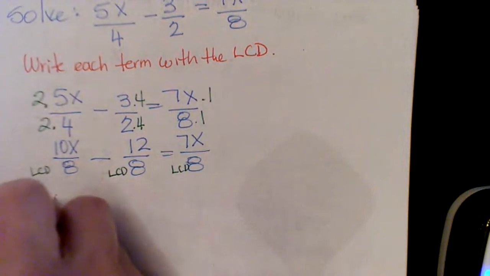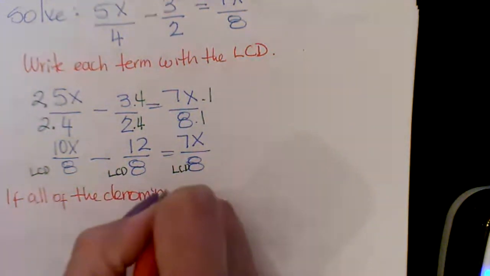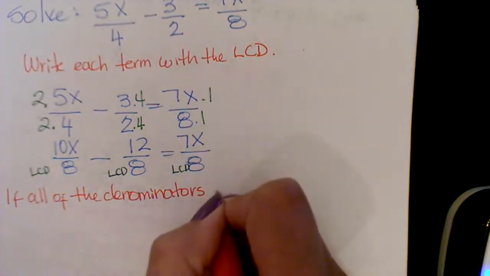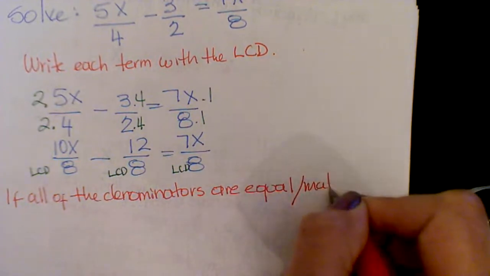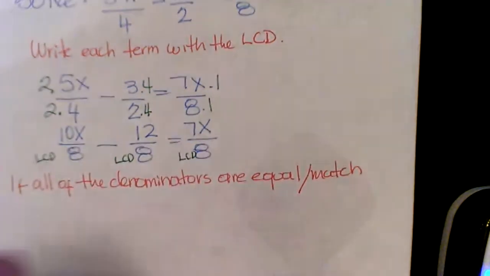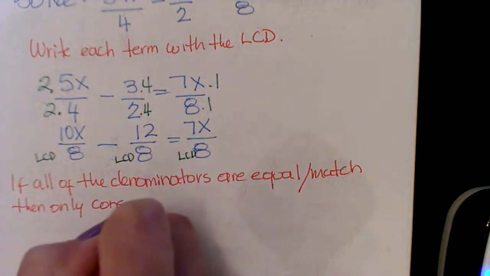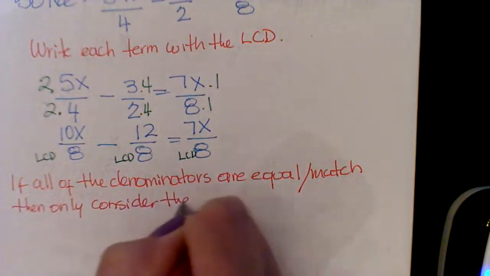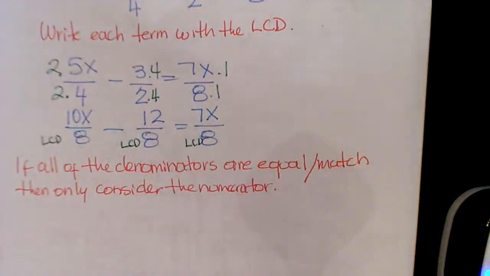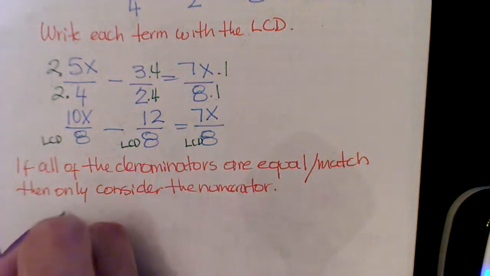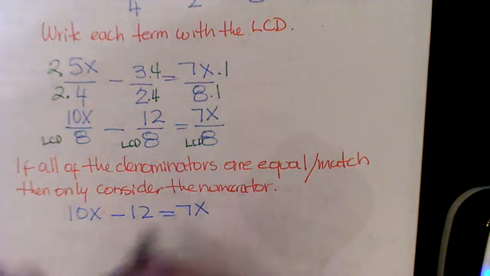If all of the denominators are equal or they match, meaning they're all the same, then only consider the numerators, okay? And that's what we're going to be doing here. So we're just going to have 10x minus 12 equals 7x.